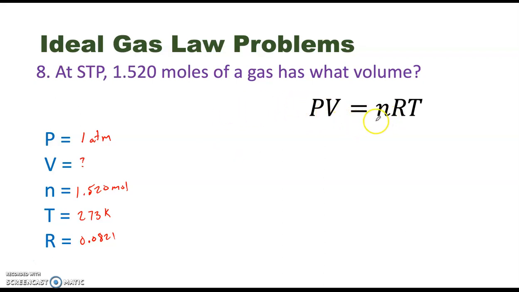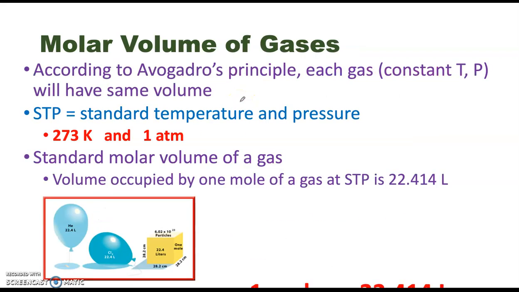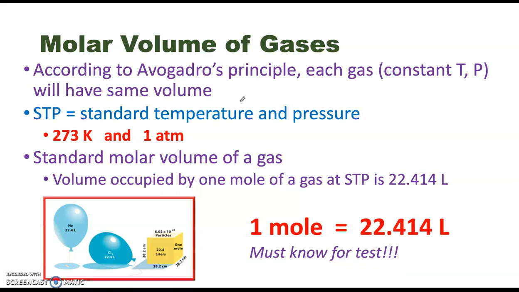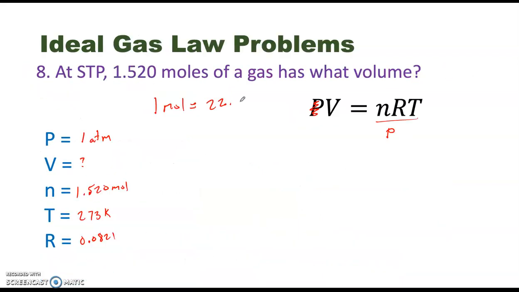You could solve for V by dividing by P onto this side. But if you remember, 1 mole of any gas at standard temperature and pressure equals 22.414 liters. I was blanking whether it was 141, but it's 414.